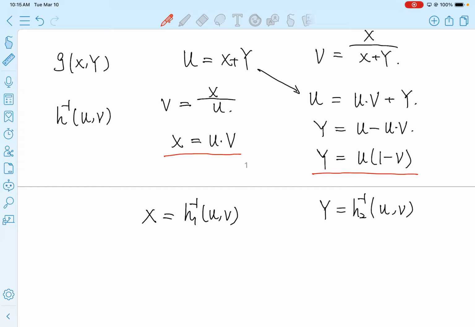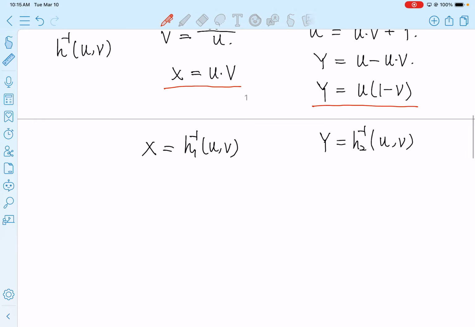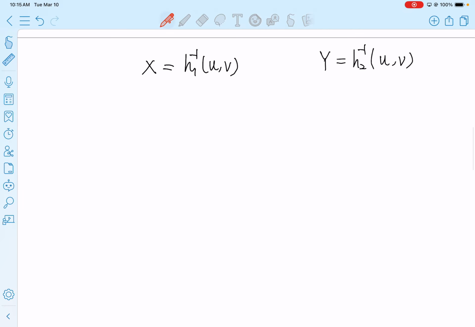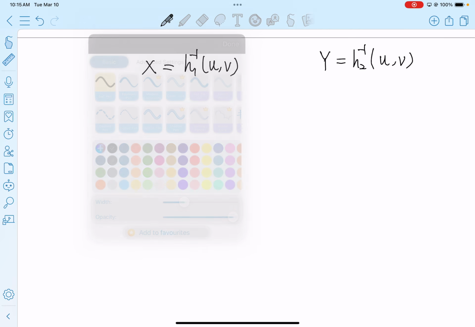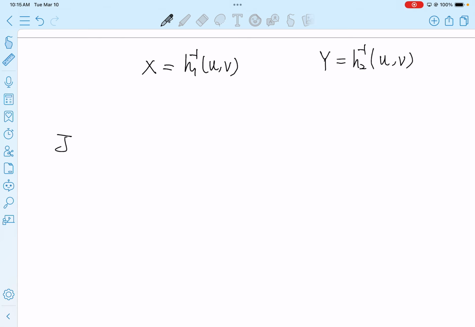Okay. So now let's say we go with J1, right? Okay. So now let's refer to the formula. The Jacobian matrix J1 is defined as the derivative of the inverse function.